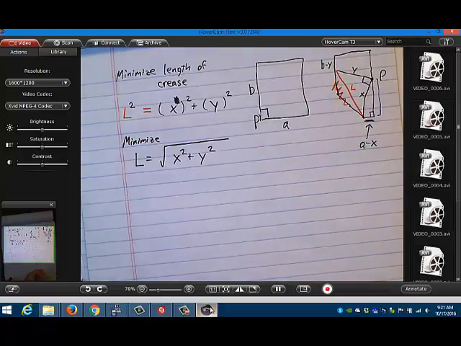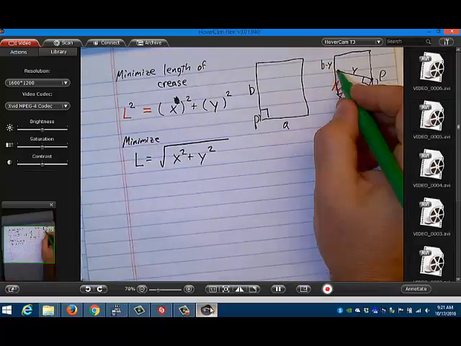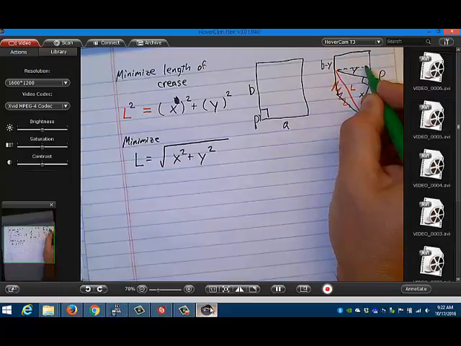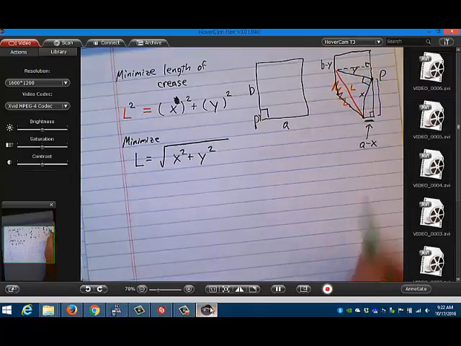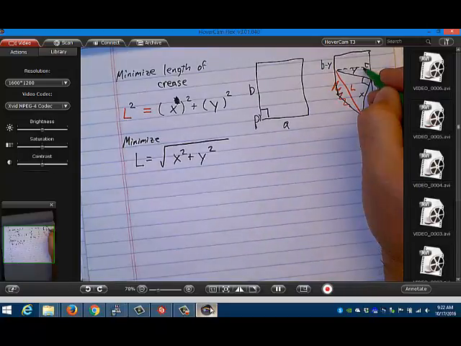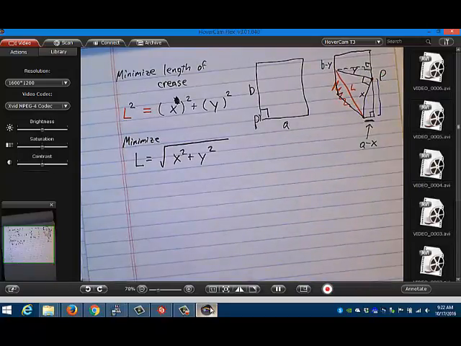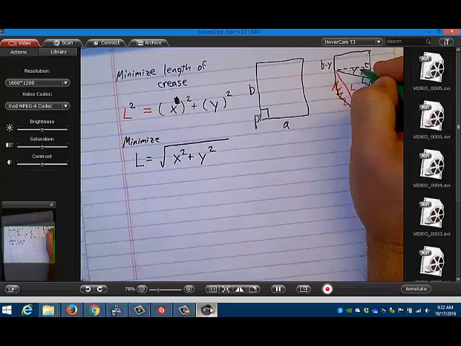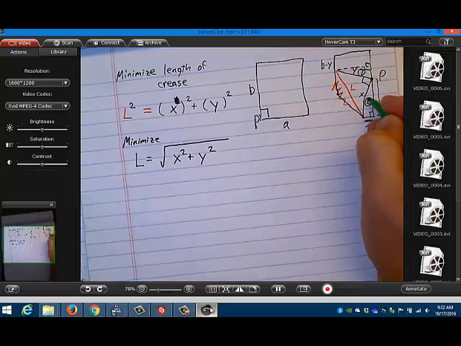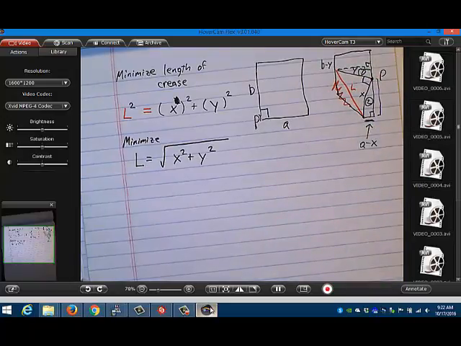But what I also see is that if I draw a perpendicular line here, I'm getting both a rectangle and a right triangle again, where y is the hypotenuse. So I see a lot of stuff going on here. Triangle number 1, and triangle number 2.